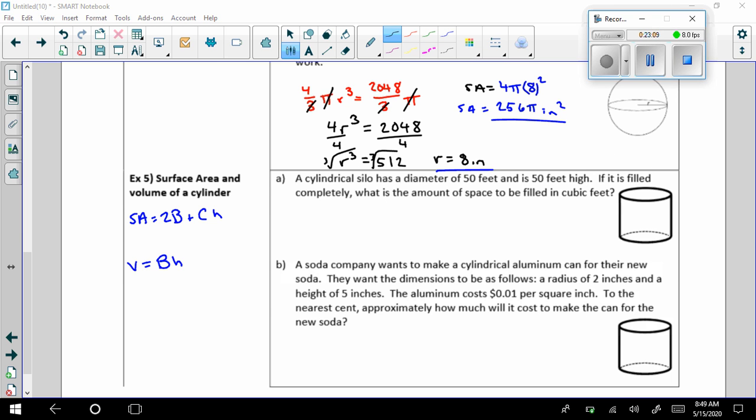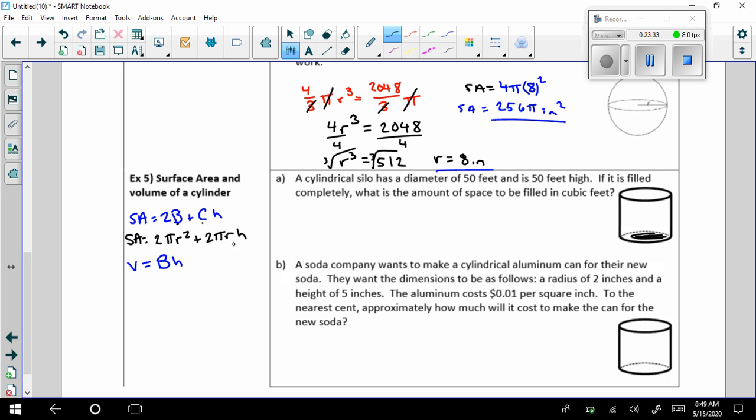Okay, so here's your formulas for cylinder. But another way you can write this, in the way that I learned it when I was in school, instead of using capital B and capital C, you can just say 2 pi r squared, because that's what B is in this case. It's the area of the circle, plus 2 pi r, which is circumference, times h.